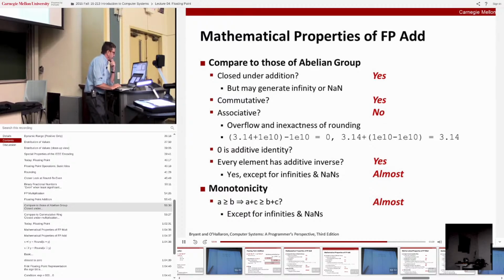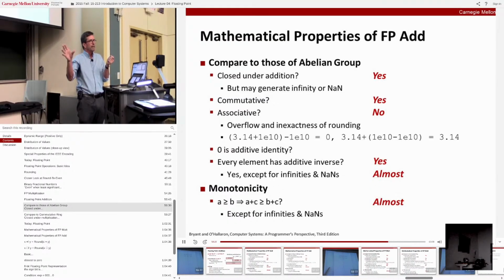So the example was if we take 3.14 plus 2 to the 10th, 2 to the 10th is so much larger than 3.14 that there's one bit way out here that represents 2 to the 10th, and then there's a few bits here that represent 3.14, and we don't have enough bits to represent all those, so the 3.14 goes away.